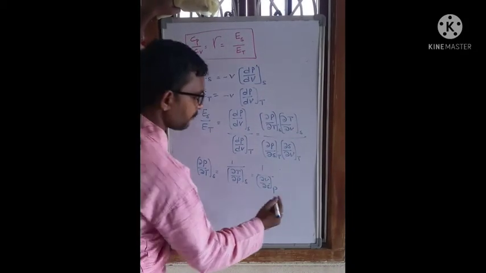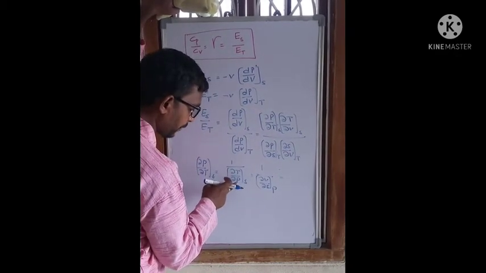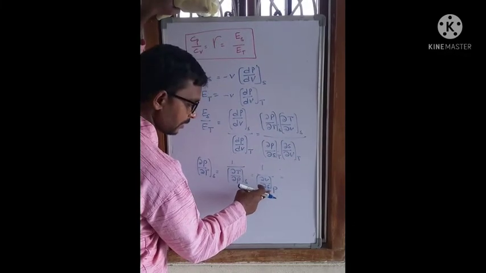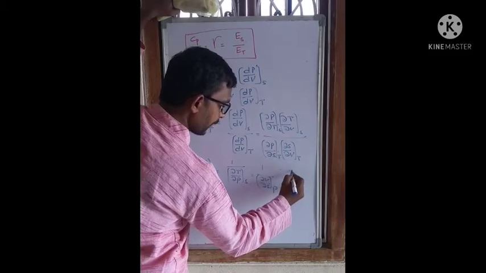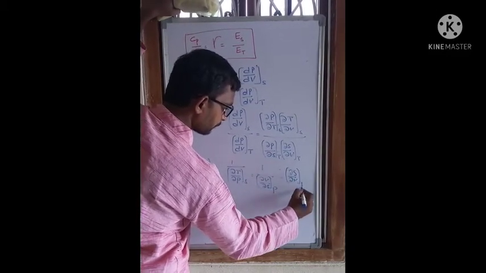Again we adjust this: dou T by dou P at constant entropy can be written as dou V by dou S at constant pressure, which is written as dou S by dou V at constant pressure.